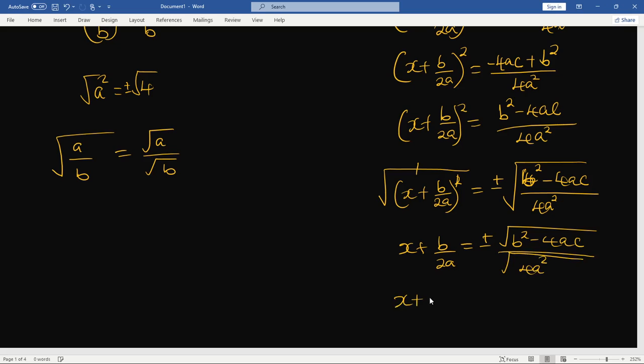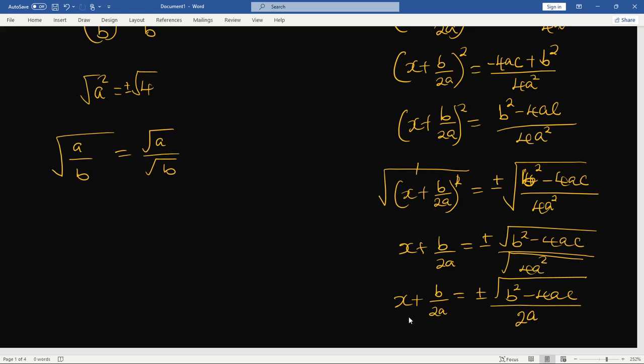So we have x + b/2a equal to plus or minus the square root of b² − 4ac divided by, so the square root of 4 is 2, the square root of a² is a, so here we're going to have 2a.